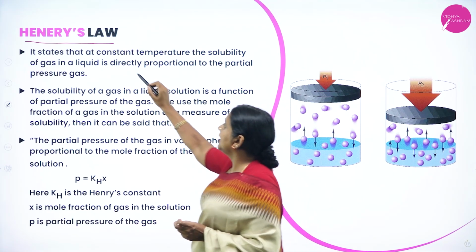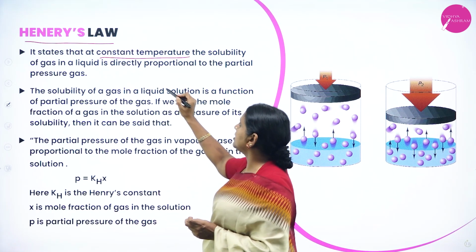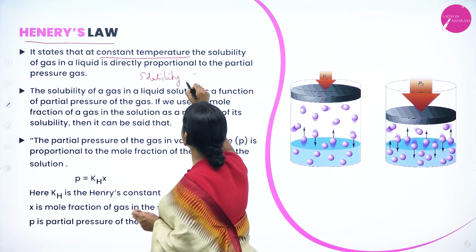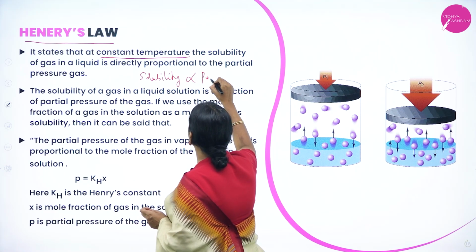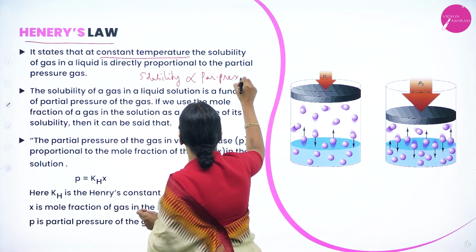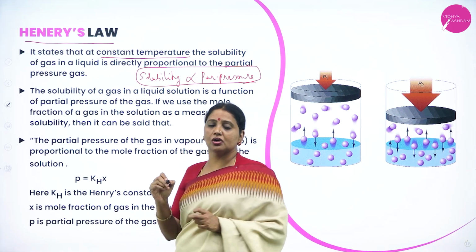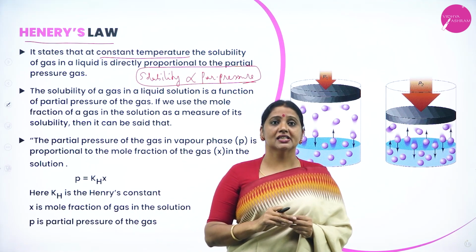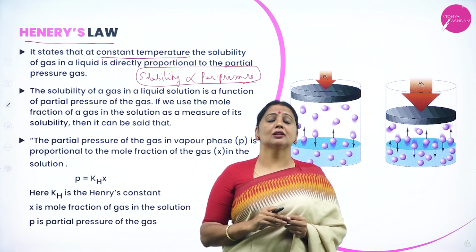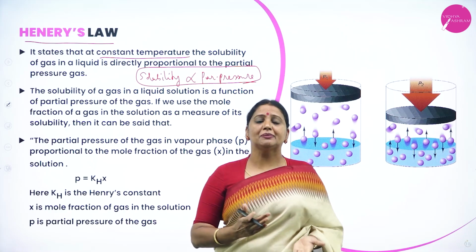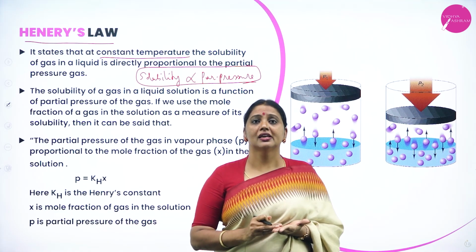According to Henry's law, at constant temperature, the solubility of a gas in liquid is directly proportional to partial pressure. As you increase the pressure, the solubility of a gas in liquid also increases.